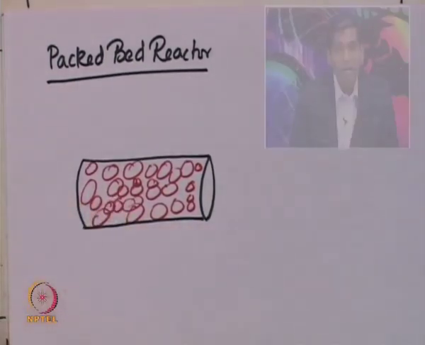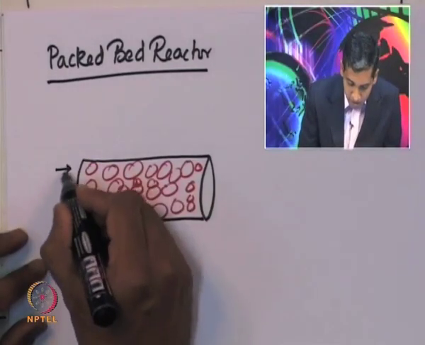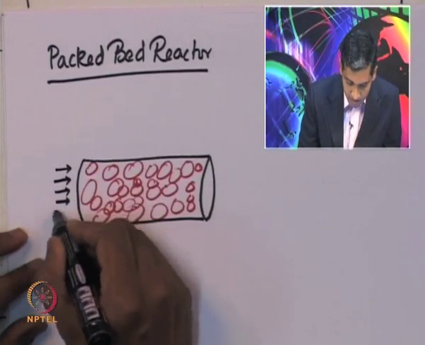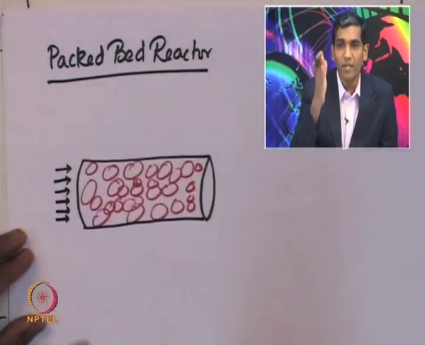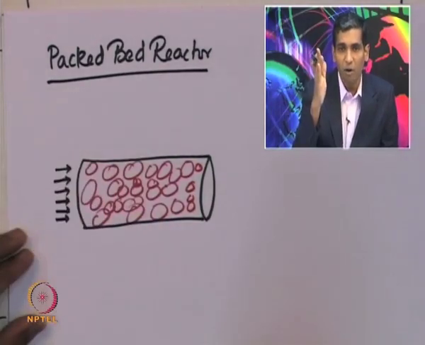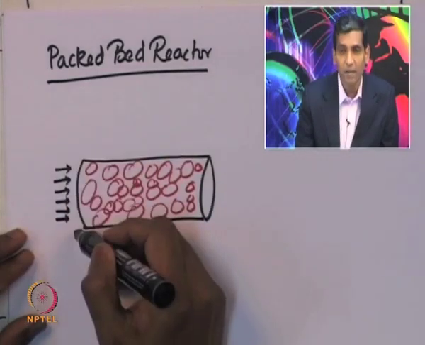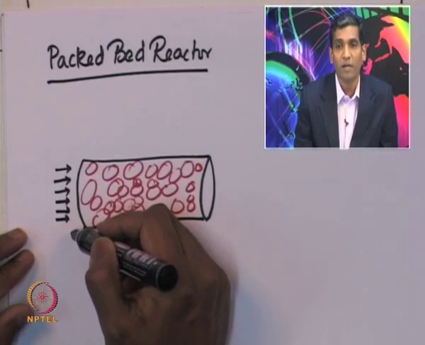And suppose a fluid stream is flowing into the reactor, and let us say that it has a flat profile, that means the velocity with which the fluid is flowing and the concentration with which the fluid is entering the stream is uniform across a given cross section.